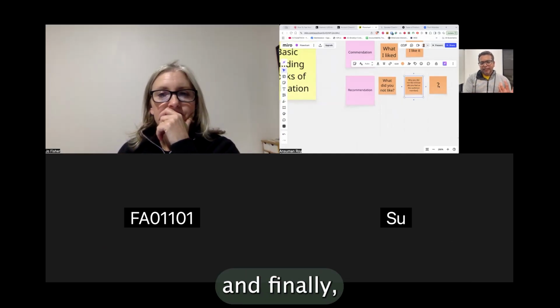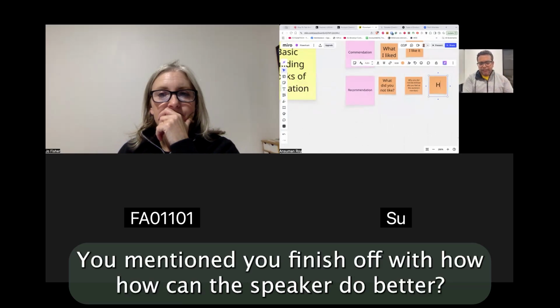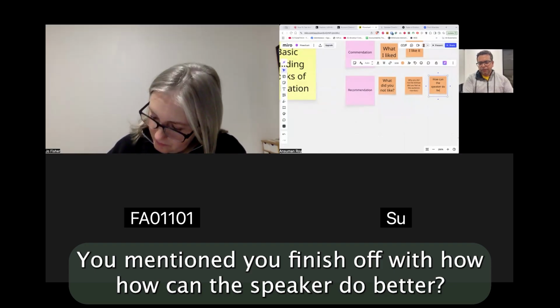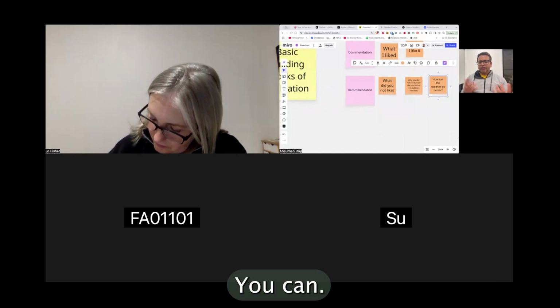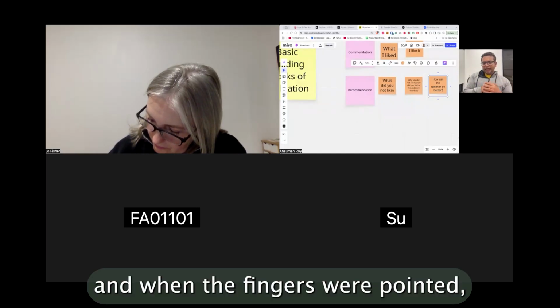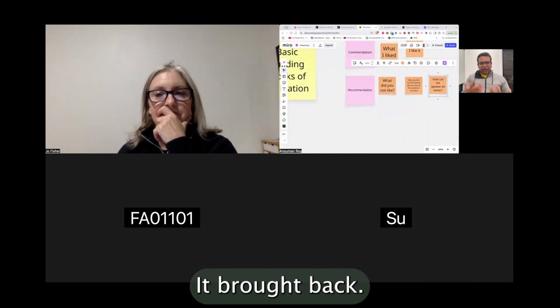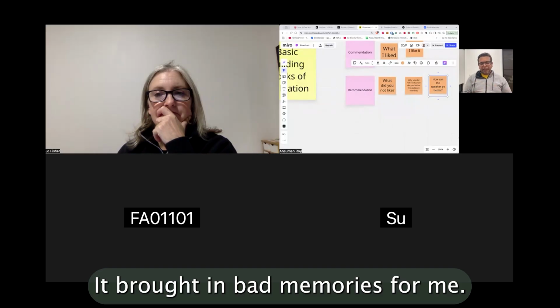And finally, this is the real gift here. You finish off with how. How can the speaker do better? So we discussed Abhilash pointing fingers, and when the fingers were pointed, I felt that it was too direct. It brought in bad memories for me.